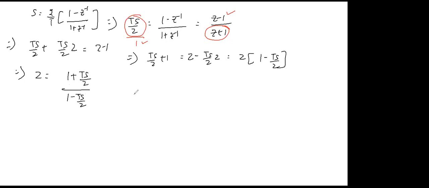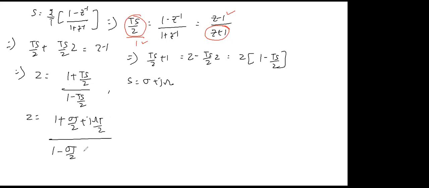Okay, now what is s? S equals sigma plus j omega. Just replace it. Then what will you get? Z equals 1 plus sigma T by 2 plus j omega T by 2, and the same we replace here, 1 minus sigma T by 2 minus j omega T by 2. Now what is the z magnitude?